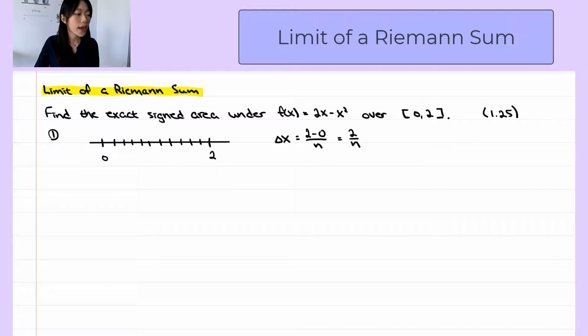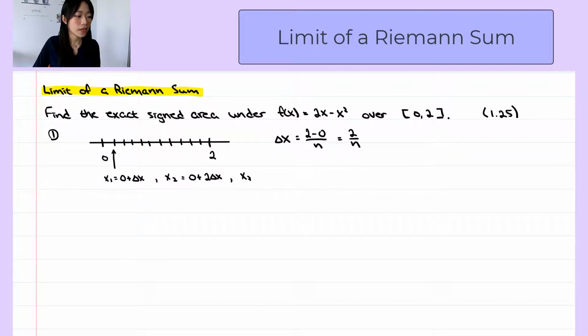If we look at the right side point of each subinterval, x1 would be 0 plus delta x. Similarly, x2 would be 0 plus 2 delta x, because x2 is 2 delta x away from the starting point 0.